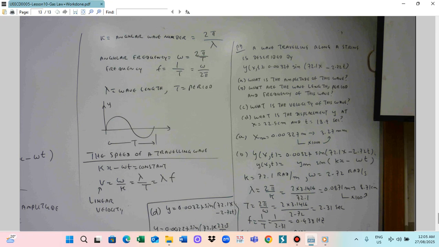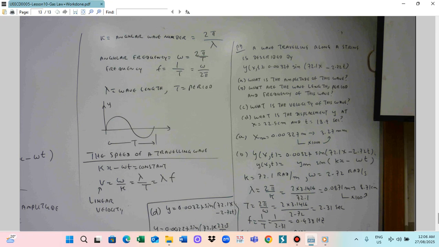In the meantime, we can also calculate the angular frequency. Angular frequency can be calculated with the formula omega equal to 2 pi by T. And the frequency f is equal to 1 by T, which is omega by 2 pi.